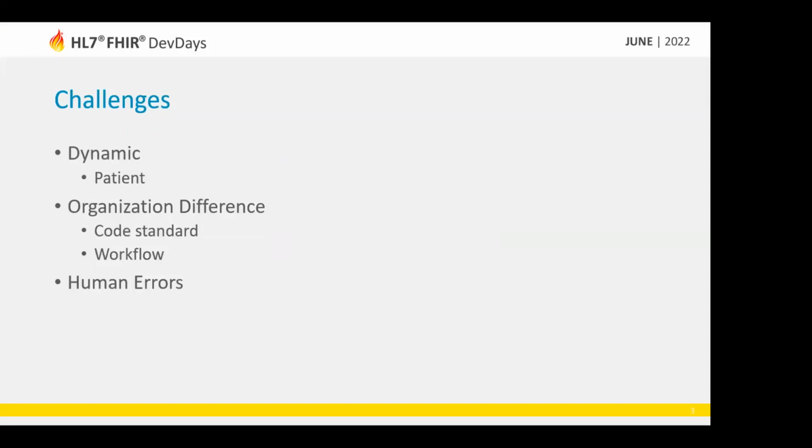We had quite a few challenges when we implemented this pipeline. The first one is the dynamic nature of the FHIR resource. For example, you may think the patient is a static resource. A human being is always there. How could that change?